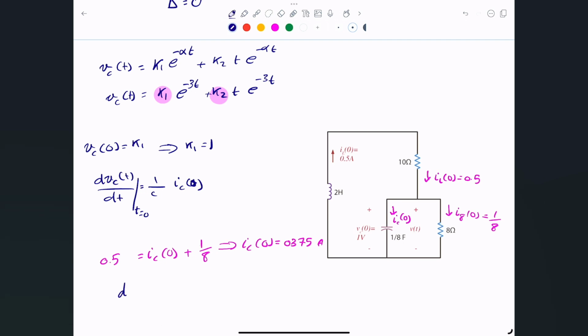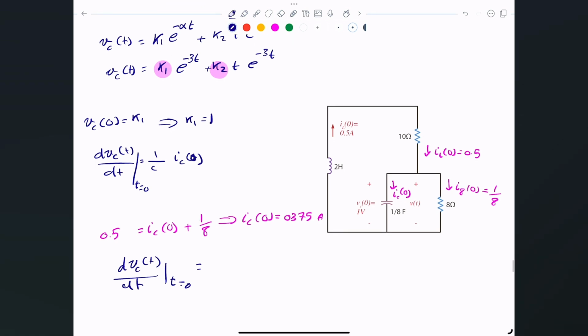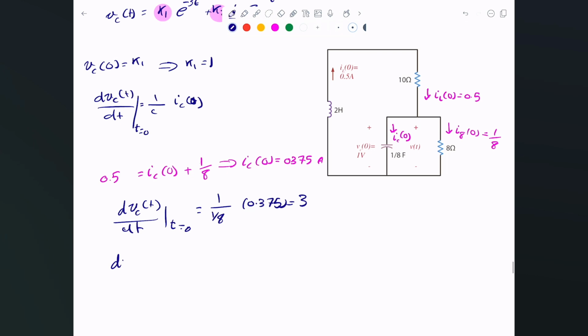We can say dVc of t divided by dt evaluated at t equals 0 is simply 1 divided by c, which is 1 divided by 8, times 0.375. And that is exactly 3. So dVc of t divided by dt at t equals 0 is 3.